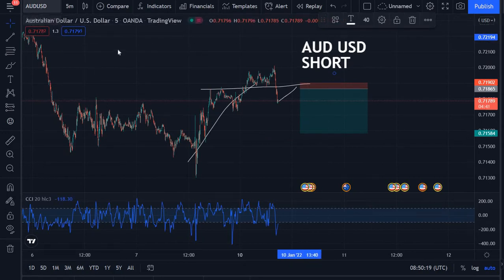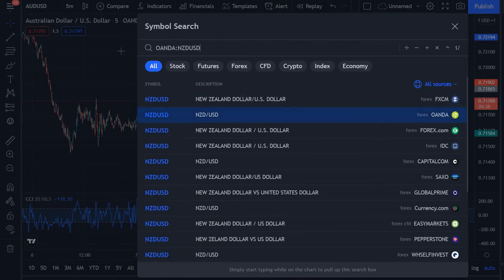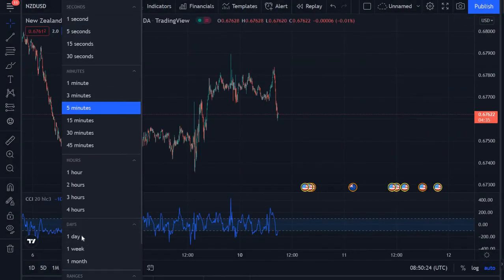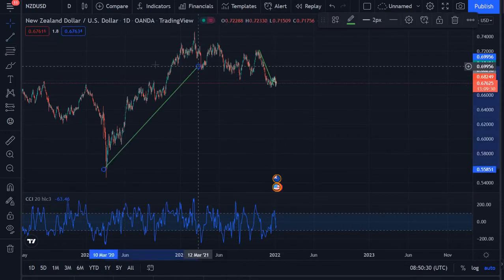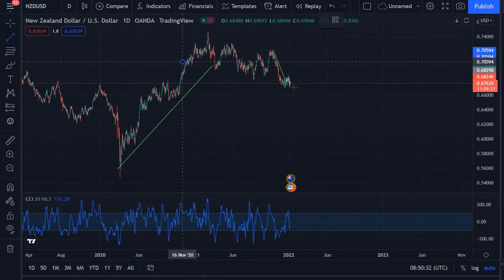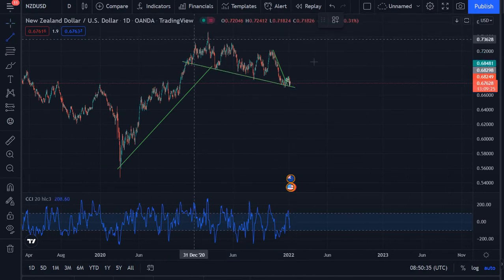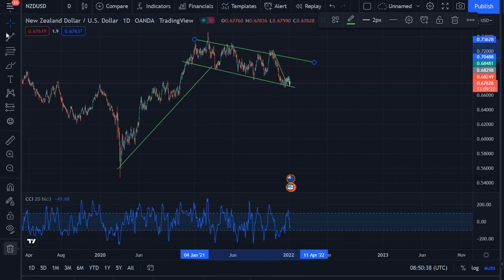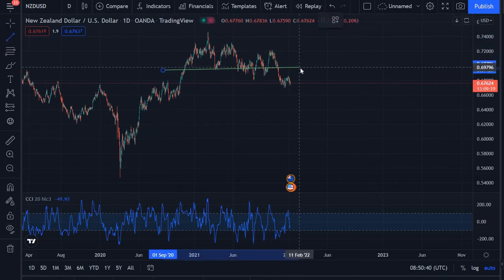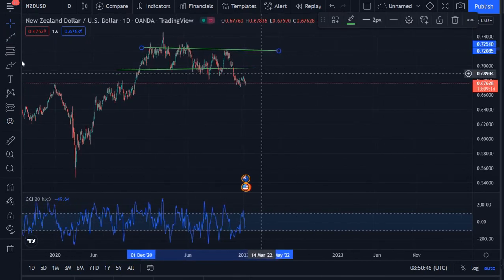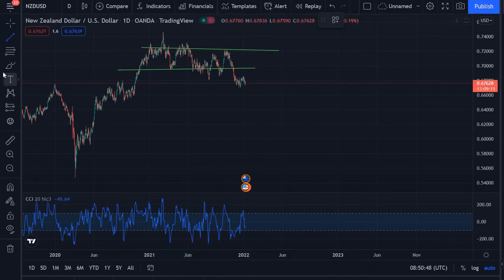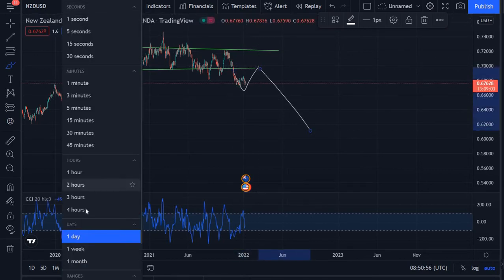So then let's check the New Zealand USD as well. If we start with the daily here, kind of the same pattern as the USD, higher highs and higher lows, and now this kind of bearish move, or if we draw it like this, then it is kind of a consolidation pattern that we broke here, which means we could see a retest of this line and then head lower.